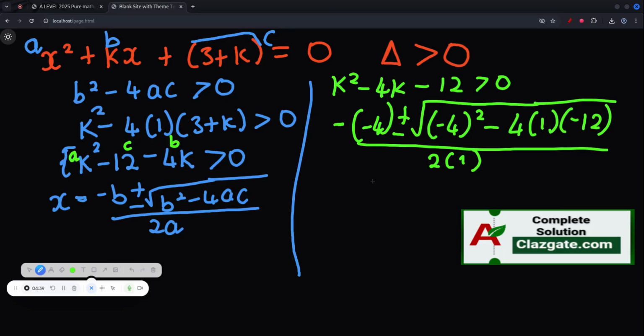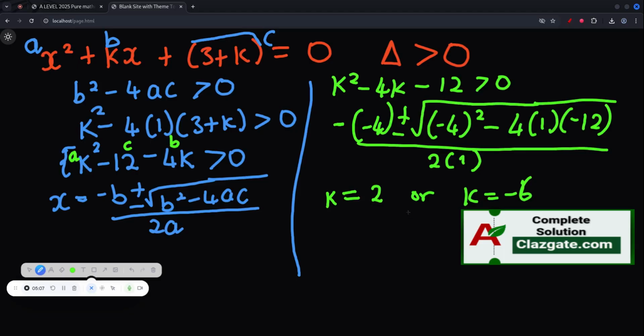So when you simplify, you're going to have k equal to 2 or k equal to negative 6. So the critical values are 2 and negative 6.